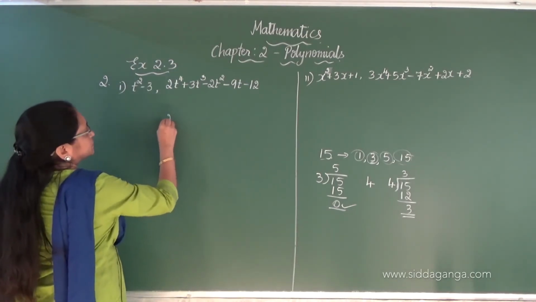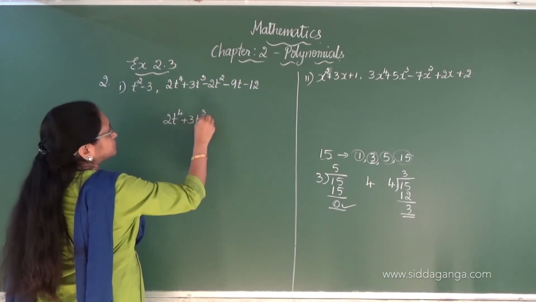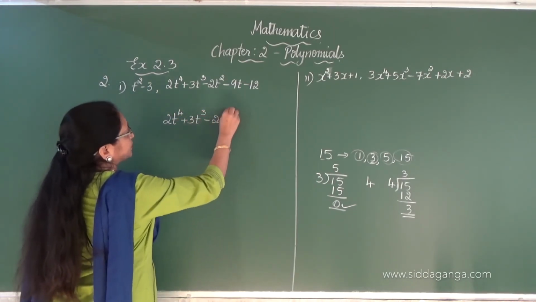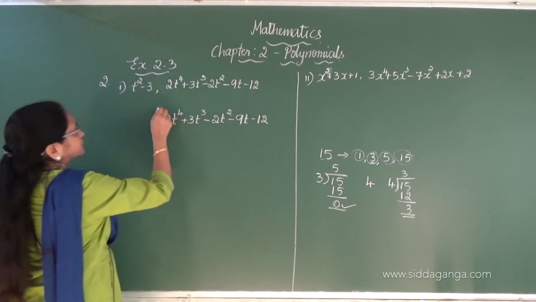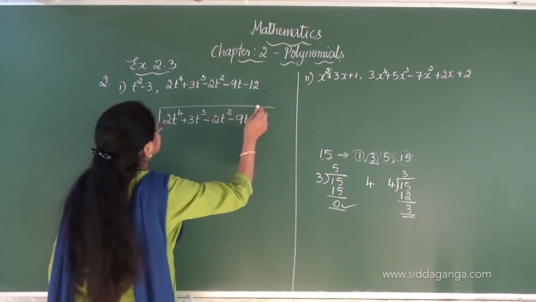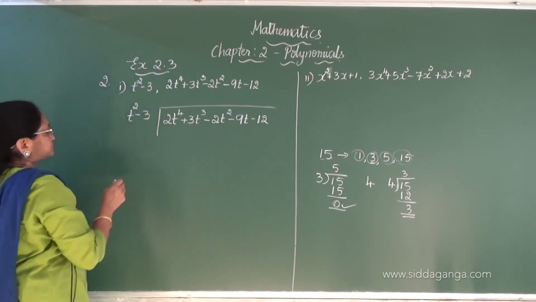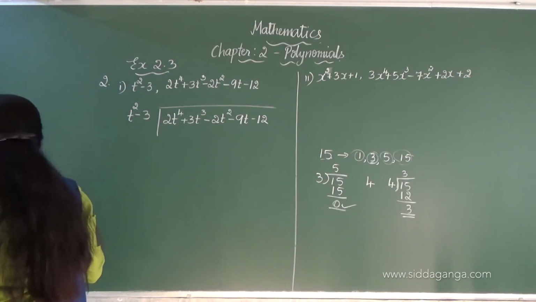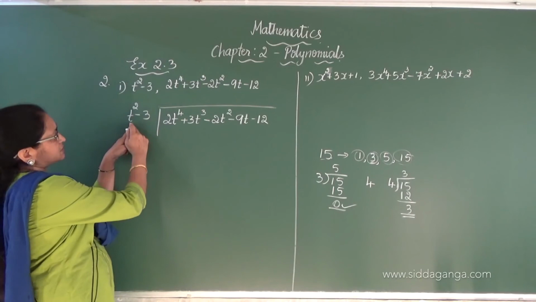Now, 2t to the power of 4 plus 3t cube minus 2t square minus 9t minus 12. Let us divide it by t square minus 3. In the previous class I told you how to divide this.